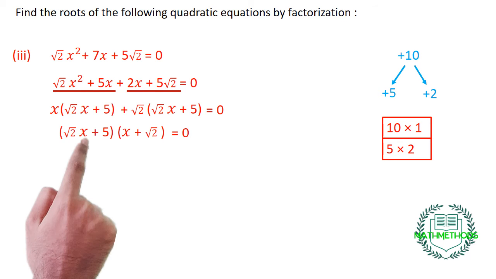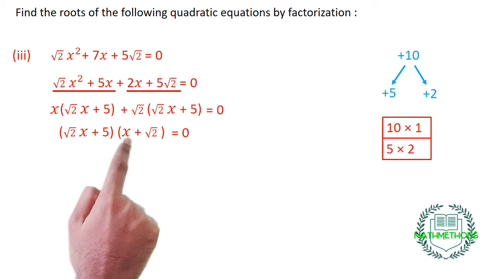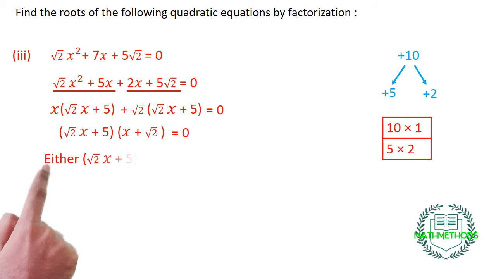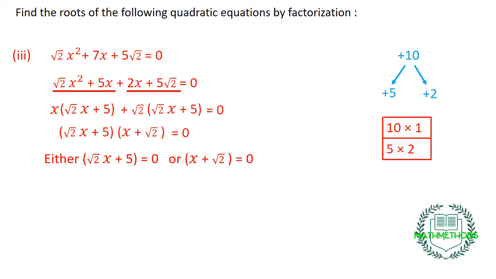That means either root 2x plus 5 equals 0 or x plus root 2 equals 0.